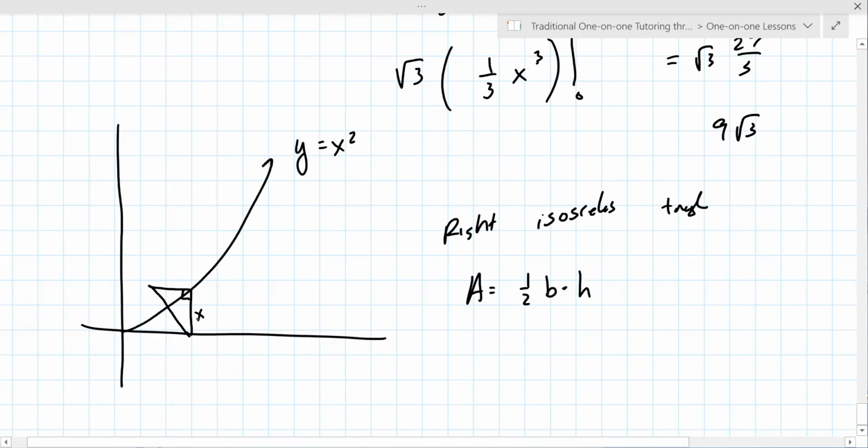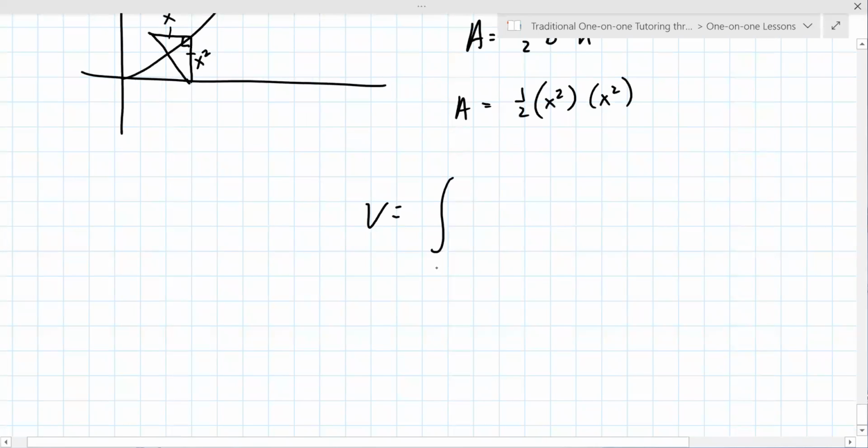Your base is x squared, but since it's a right isosceles triangle, your base and your height are the same, so the height is also x squared. So your area is 1/2 x squared times x squared. And then let's say I want the volume from 0 to 1. It'll be 1/2 x squared times x squared dx.